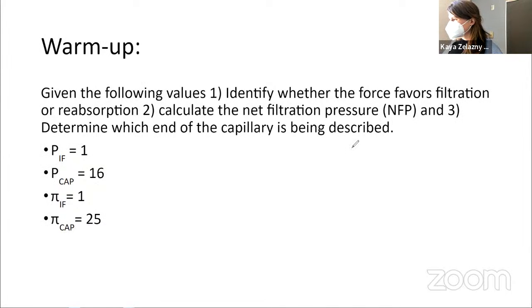I think so. That I started to find out. Filtration and absorption. Yes. So filtrate is the one that is going out.